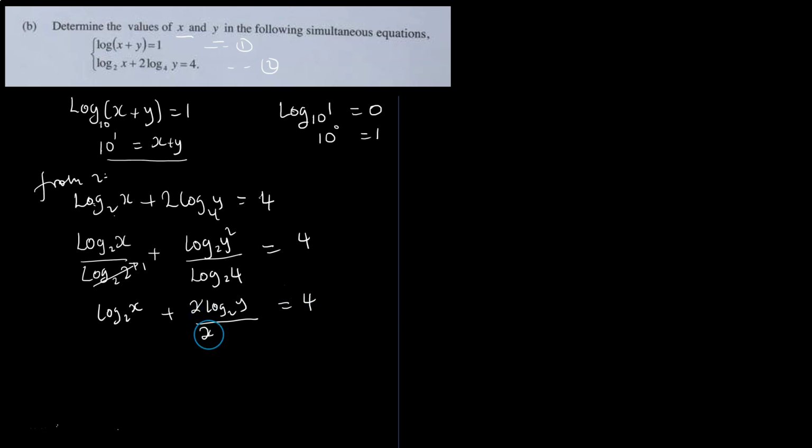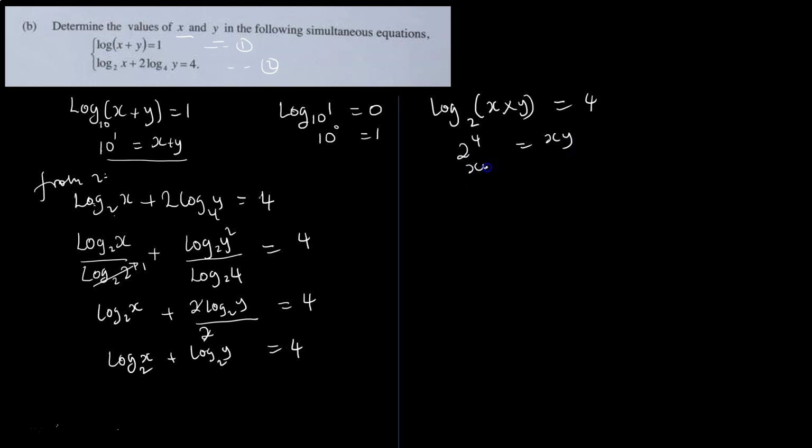So I can cancel this out, and now I have log base 2 of x plus log base 2 of y equals 4. Now these two are added, so I can use the addition law by multiplying. So log base 2 of xy is equal to 4, which means 2 to the power 4 is equal to xy. So xy is equal to 16.